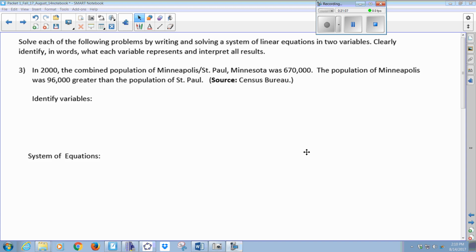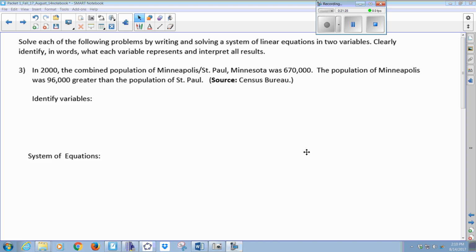So it doesn't ask us to find the population of each city, but that's what they would like us to do. They'd like us in this problem to find the population of Minneapolis and the population of St. Paul in the year 2000. So we need two variables.